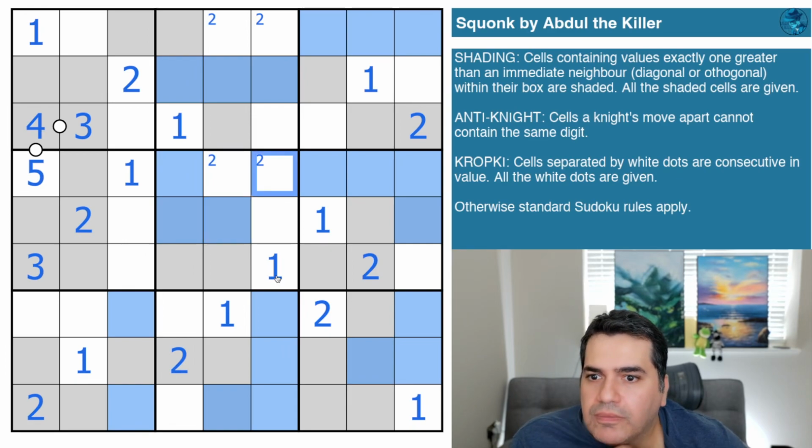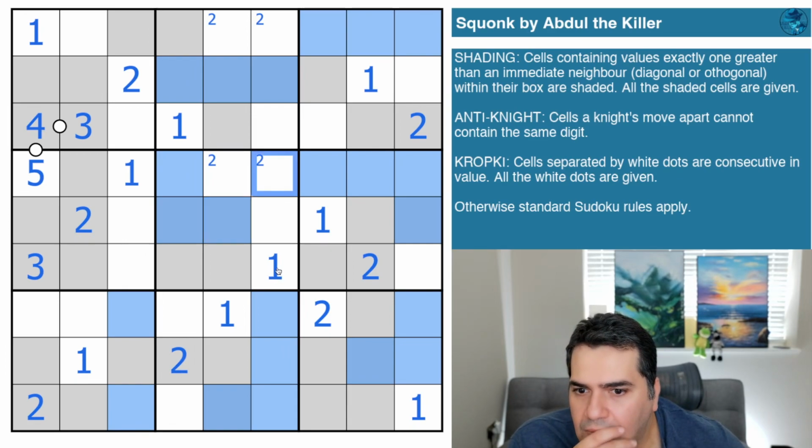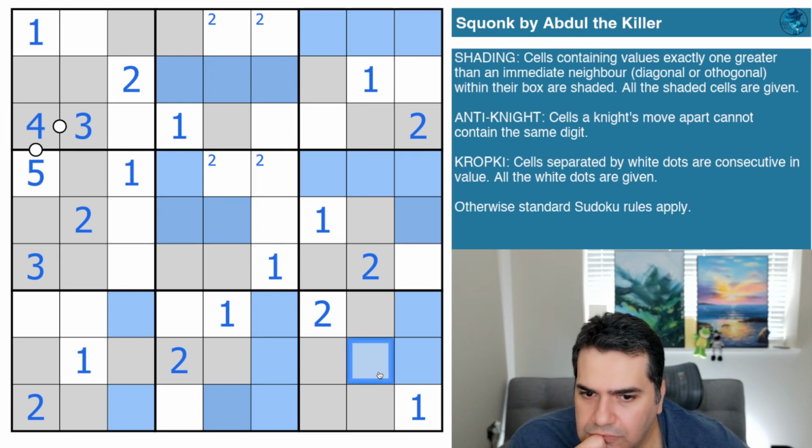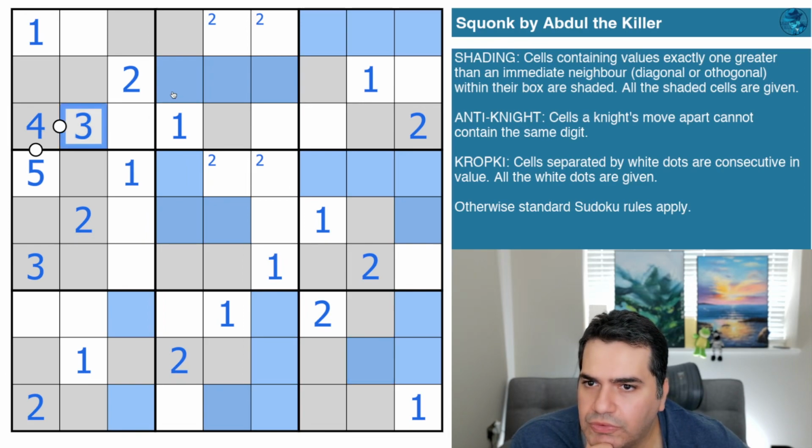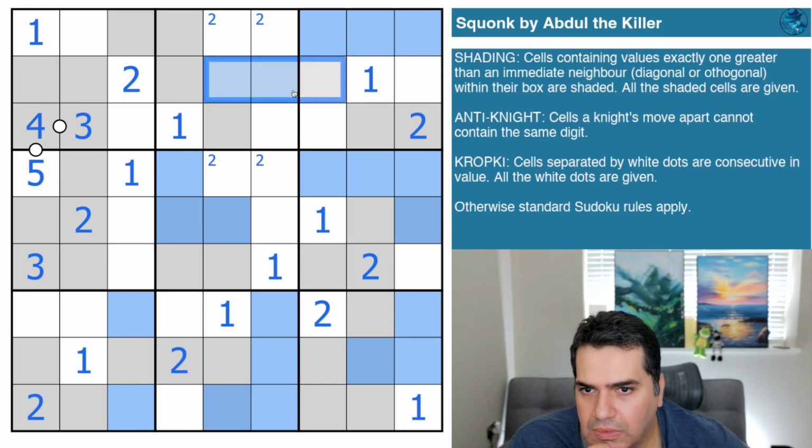All of these are fine. Let's do a bit of anti-knight then. I assume from here. This 3, whoops, that was a no. So these 3 are obvious. I think that's pretty solid.